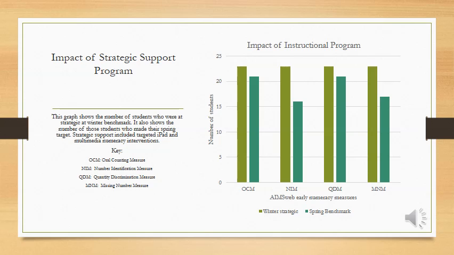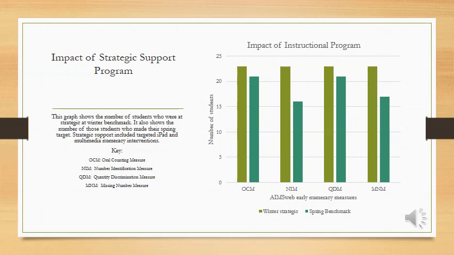This graph shows a select group of students and how they did with the interventions. It's entitled Impact of Strategic Support Program. This graph shows the number of students who were at strategic at winter benchmark. It also shows the number of those students who ended up making their spring target.